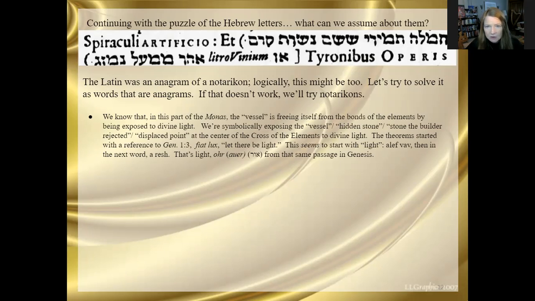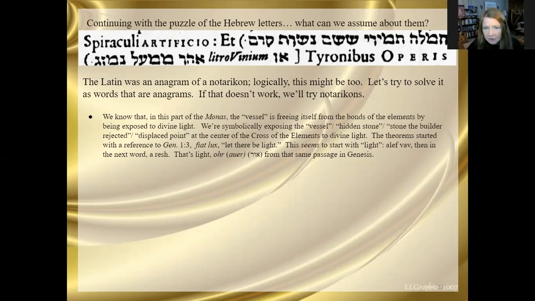That is the central and main movement, the central symbol being the light of the cross, which has already been associated for a long time now with cones of light, divine light coming down the tree and so forth. So we're symbolically exposing this vessel, this hidden stone, the stone the builder rejected, that displaced center point of his rectilinear cross at the center of the cross of the elements, to divine light. That is the central motion going on here.